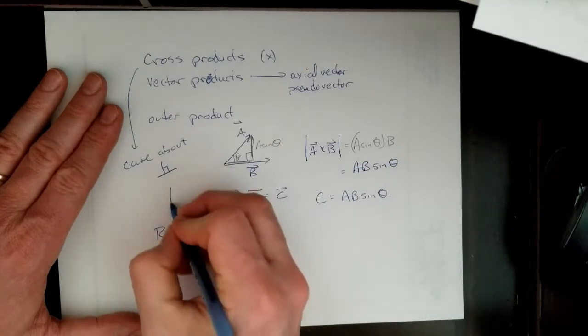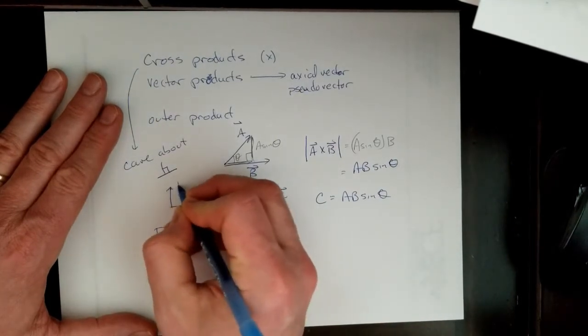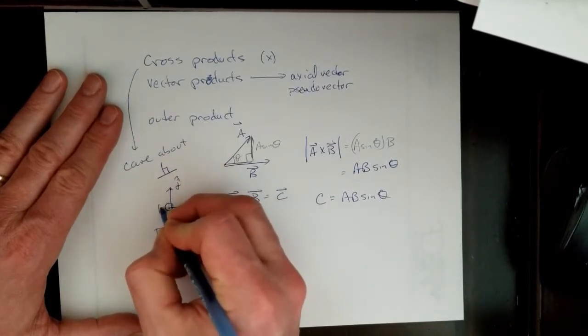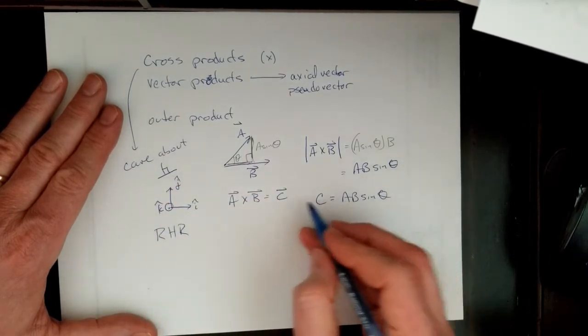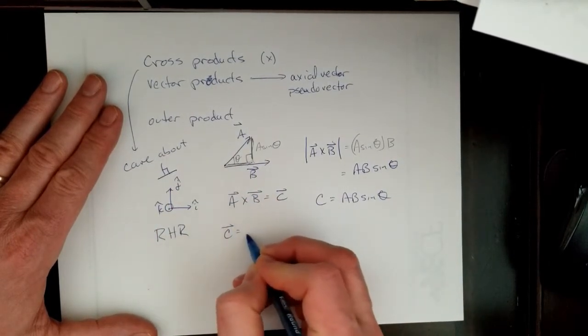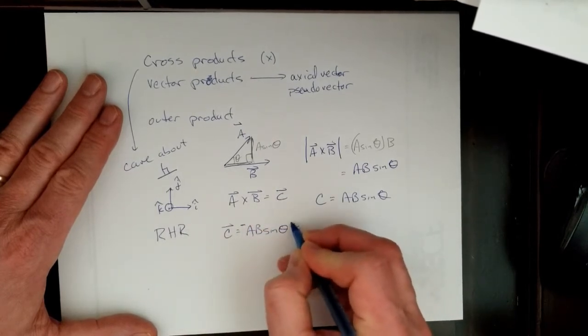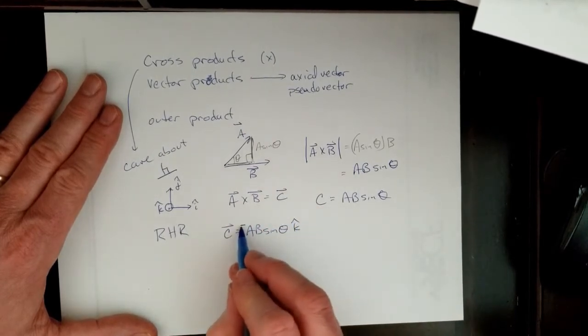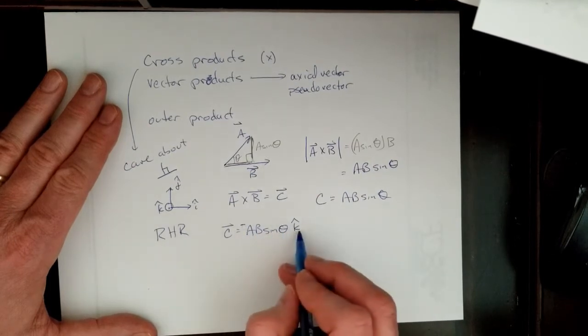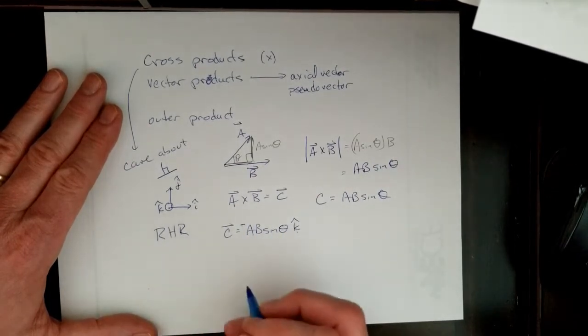So if I set up a coordinate system, I, J, and then K coming out of the board, then C would be AB sine theta in the negative K direction. And again, the minus sign is put out front, even though it's indicating that it's a negative K.